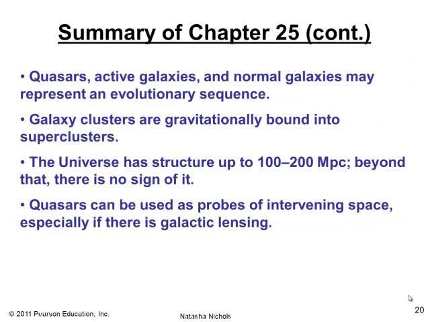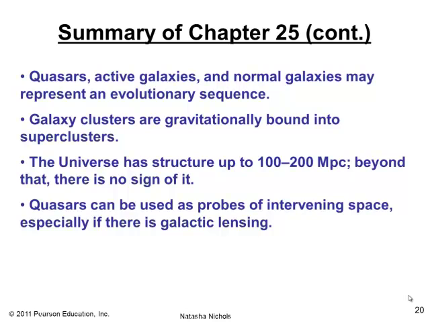Quasars, active galaxies, and normal galaxies may represent an evolutionary sequence. Galaxy clusters, just like star clusters, are gravitationally bound. And galaxy clusters themselves are gravitationally bound into what we call superclusters. The universe seems to have a structure up to about 200 megaparsecs. Beyond that, there doesn't seem to be any structure.